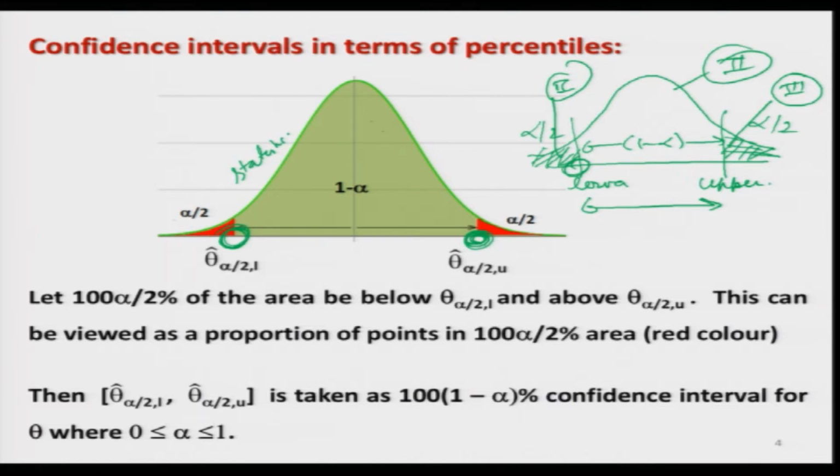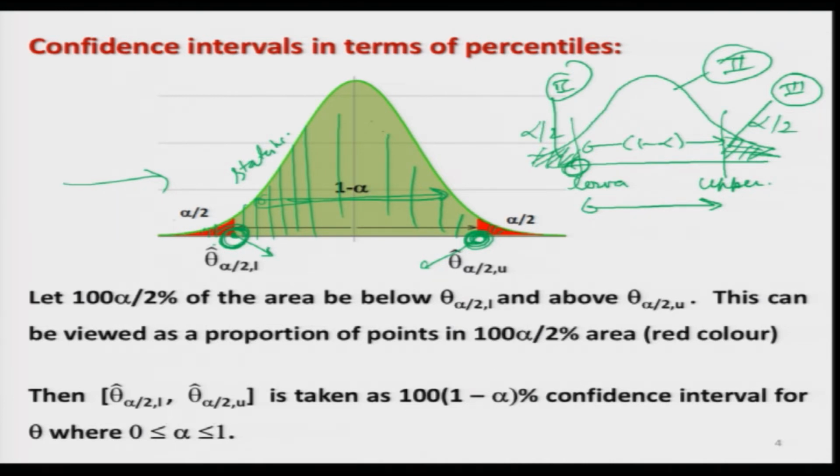Here in this figure, I have denoted the 1 minus alpha area in the green shade and the alpha by 2 areas in the red shade. Essentially, I have to divide this entire area into, say, 100 equal parts, and then find the value of the percentile which divides the total area into 3 parts, such that the middle area is 1 minus alpha and the remaining 2 areas on the left hand side and right hand side are alpha by 2 each.